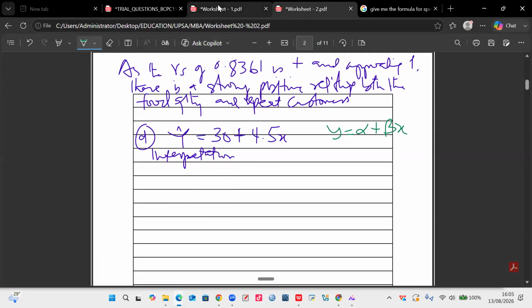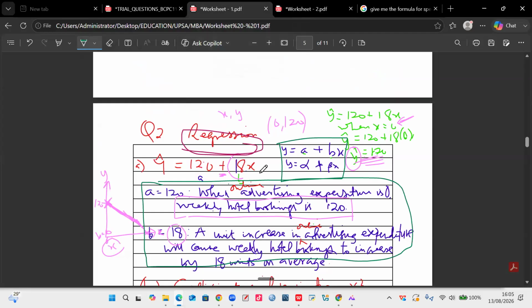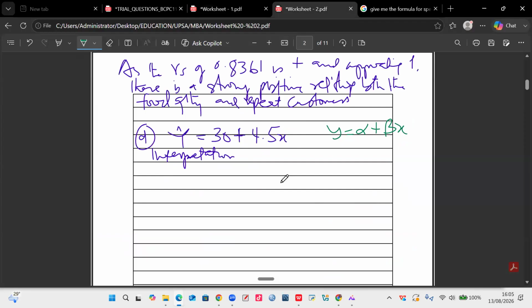Look here. Which one is the intercept? It's 30. So this is the intercept. This is the slope.